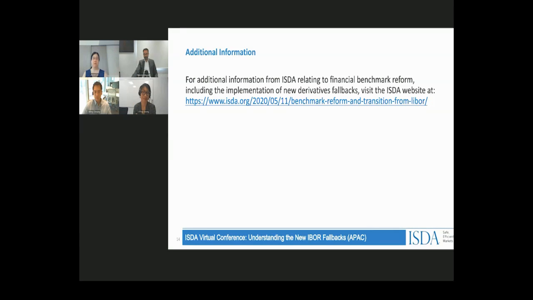In relation to due diligence on your portfolio, if it makes it worth your while, whether you're a bank or a corporate, because you have a big enough book of derivatives that are affected, and therefore adhering to the protocol is going to be helpful for you to migrate and amend your legacy trades without doing individual bilateral amendments, then that may be the way to go.